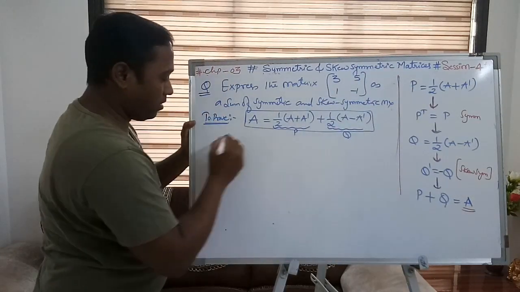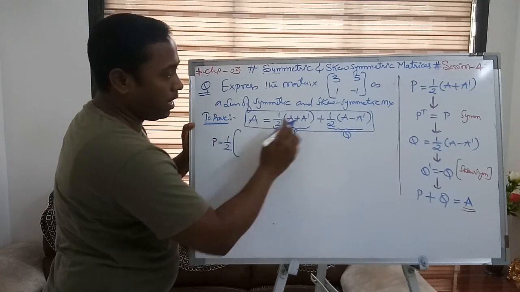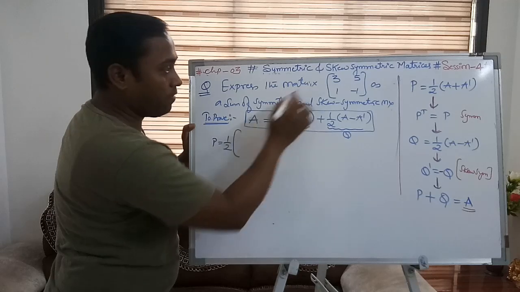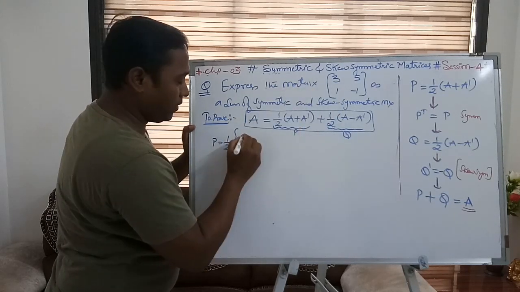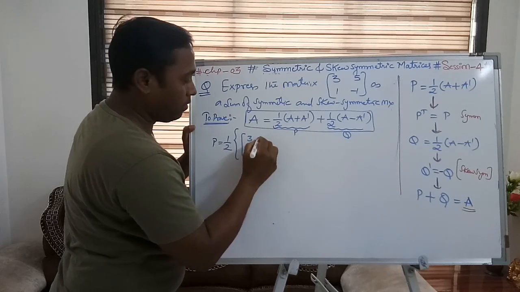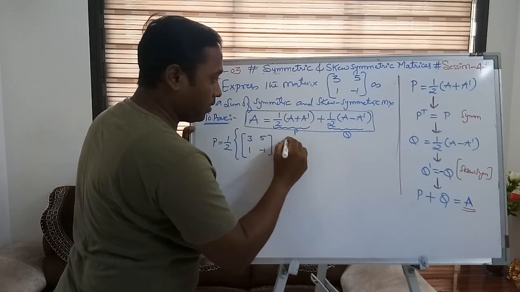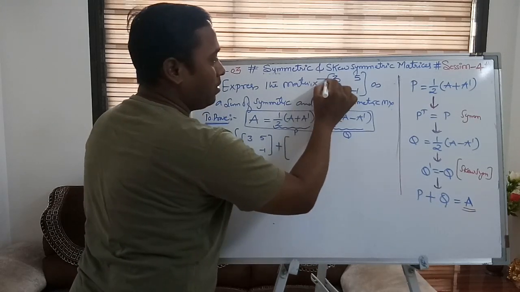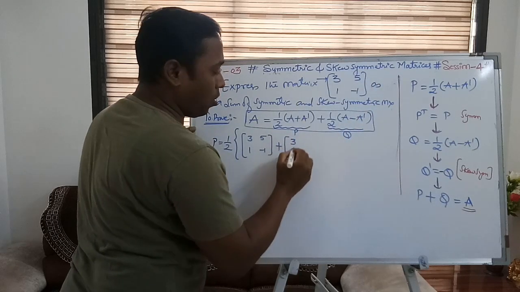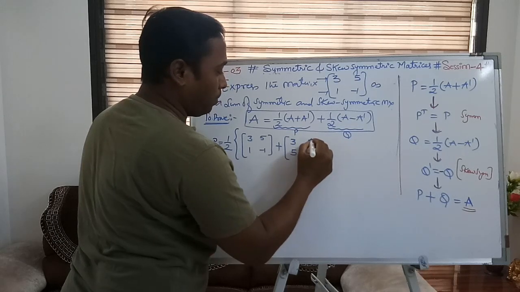The first step is P. First I will solve for P, half of A plus A dash. What is A? The given matrix, so I am taking that only. A means 3, 5, 1, minus 1, plus A dash, that is, the transpose of A. Transpose means take row wise and write in column wise. 3, 5, then the second row becomes the second column.